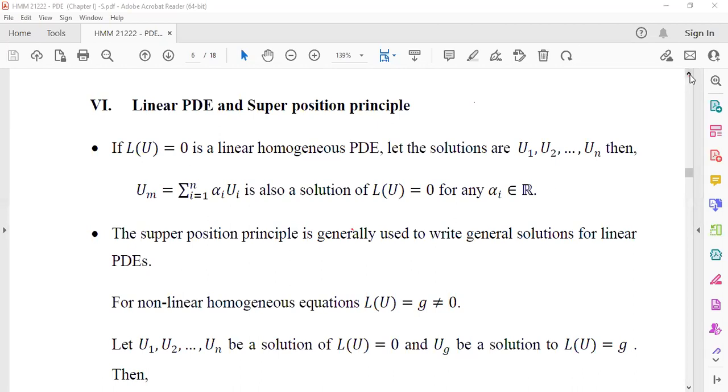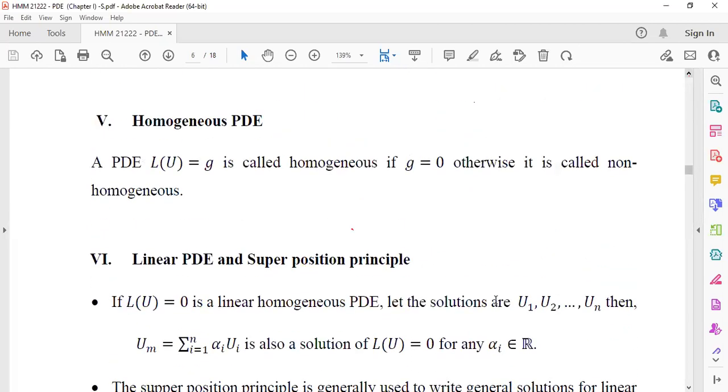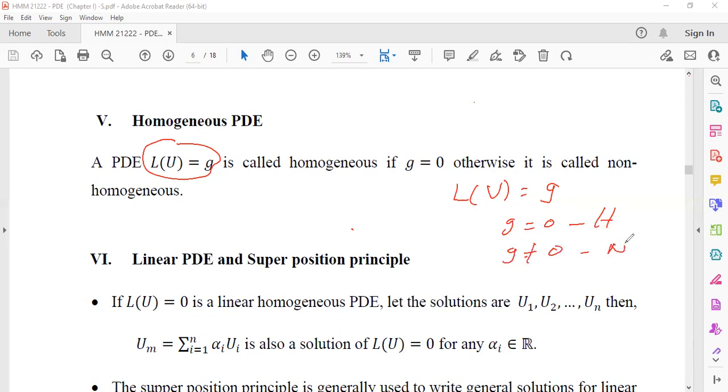Homogeneous equation: even I forget sometimes, so be careful, and if I make any mistake, tell me. If an equation is L(u) equal to G, then if G is equal to 0 we call it homogeneous, and if G is not equal to 0 it is non-homogeneous. It is homogeneous only if G is equal to 0.